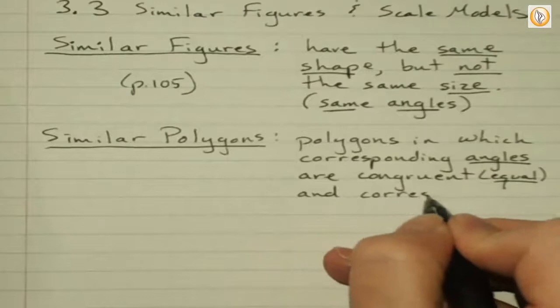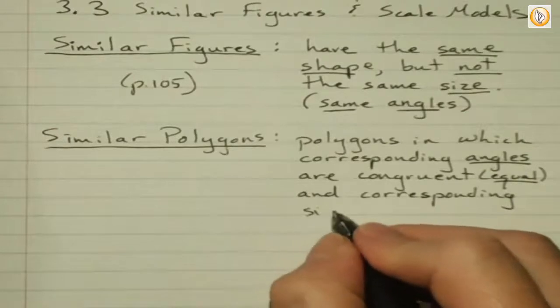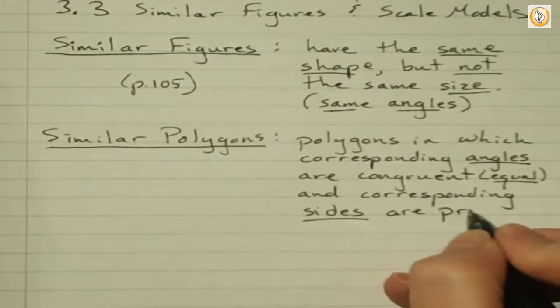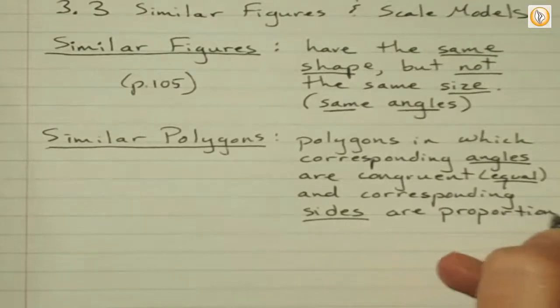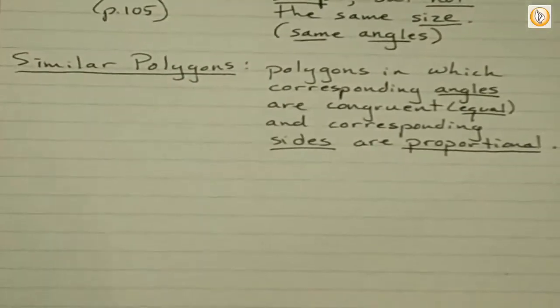And corresponding sides are proportional. I'm setting us up for what you're doing today. So proportional, what does that look like? A fraction. Two fractions with an equals. Equal. And how do you solve them? Cross multiply. Okay, so that tells you right there we're going to be doing some cross multiplying.